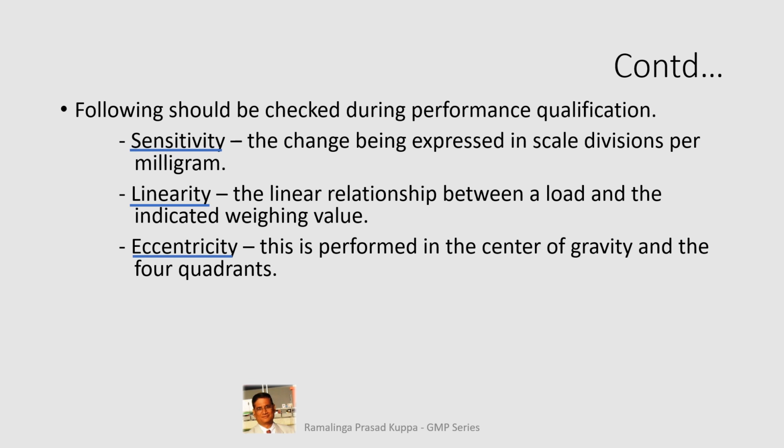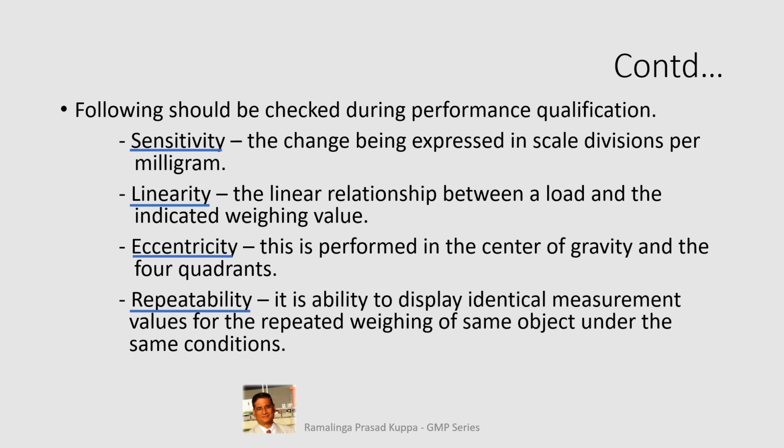Eccentricity is performed at the center of gravity and the four quadrants. Eccentricity is a measure that whatever the load placed on the pan, it should be within 0.05% tolerance from the center point to all four corners of the balance.